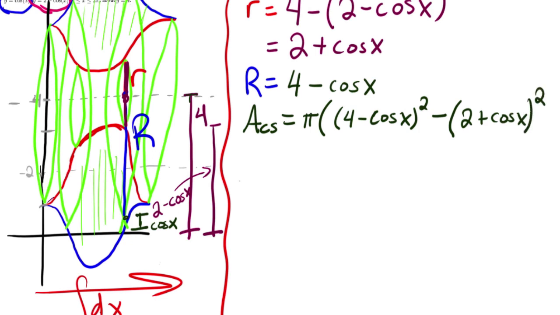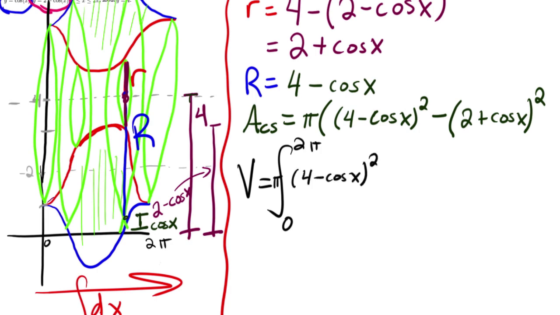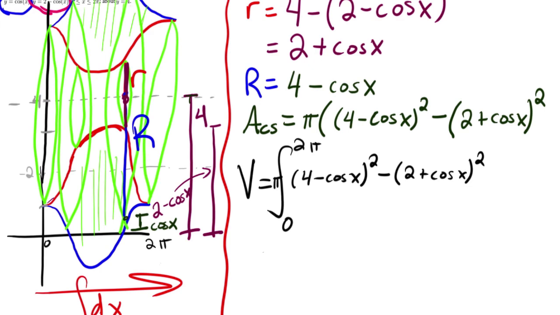So then what that means is that the volume is equal to the integral from 0 to 2 pi of pi times 4 minus cosine x squared minus 2 plus cosine x squared. And if you actually do this, using the fundamental theorem of calculus, you get 24 pi squared.